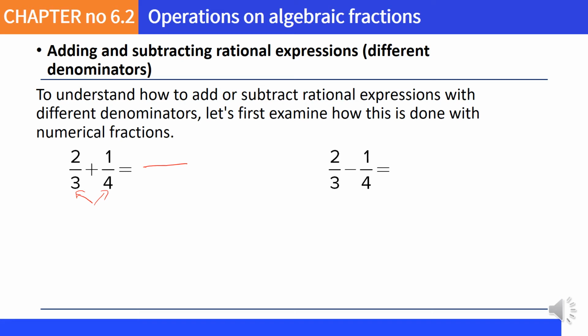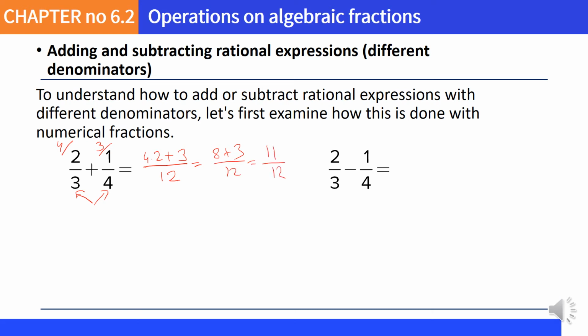In this case, 12 is the least common multiple. Now, to get 12, we have to multiply the first fraction by 4 and the second fraction by 3. And you will get 4 times 2 plus 3, that equals 8 plus 3 over 12, which is 11 over 12.